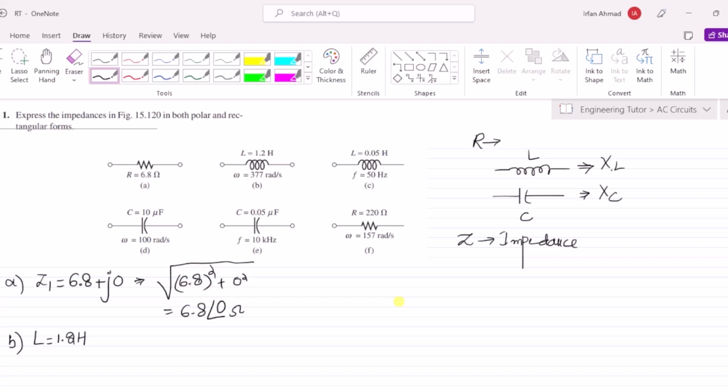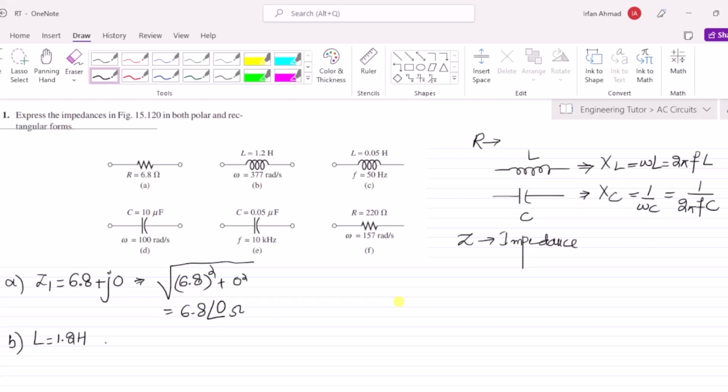So from here it is clear that XL is equal to omega L or 2 pi FL, and the value of XC is always equal to 1 over omega C, or 1 over 2 pi FC. So these are the quantities which I will have to find out.